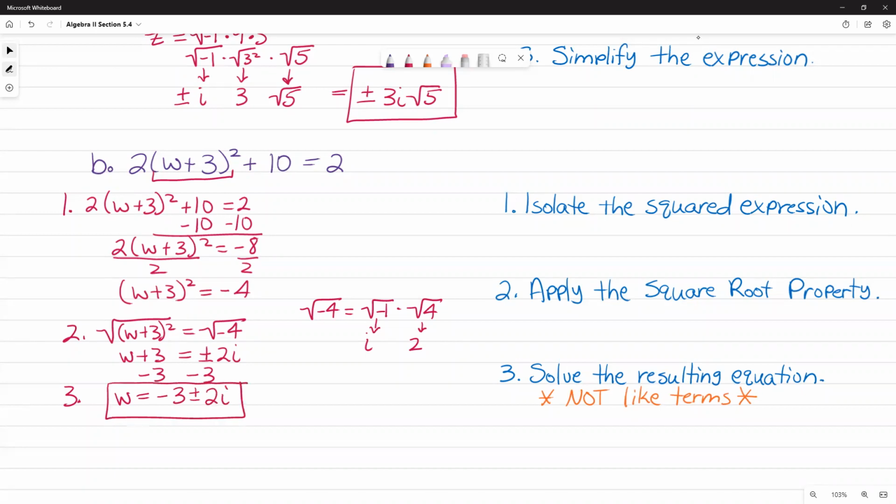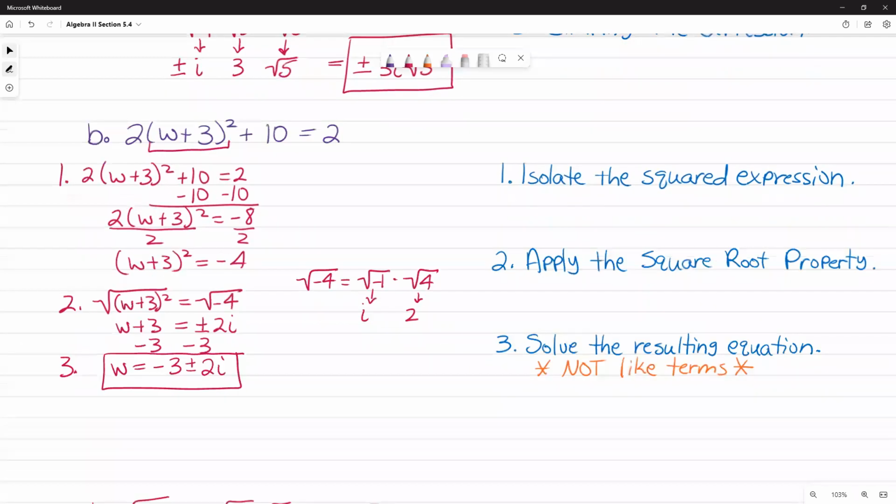These are not like terms. Think of the i as a variable. Unlike pi, we cannot turn it into its value and multiply everything together. So we would just keep this simplified. w equals -3 plus or minus 2 times i. Okay.